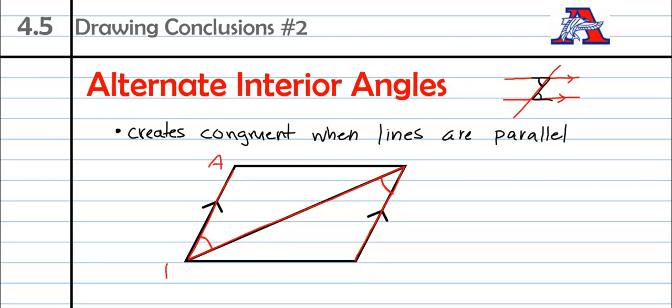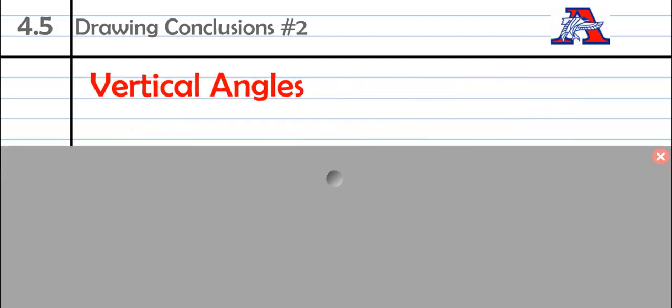I'm just going to go A, B, C, and D. So now we can say that angle CDB is congruent to angle ABD because those guys are alternate interior angles.